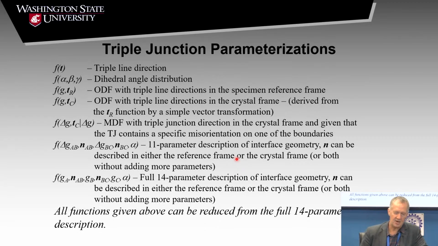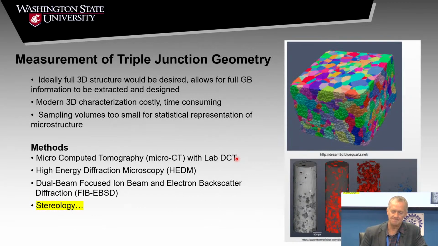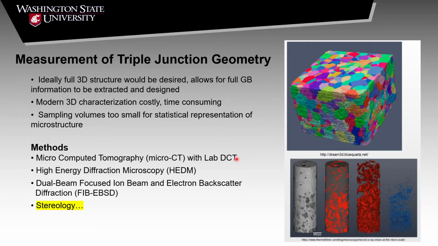And then we have a lot of people who will go in and identify triple junctions based on what the grain boundaries are. Later in the day, we're going to hear about CSL boundaries, and I'll mention them here a couple of times. So if this is a special grain boundary, then let's assume the triple junction next to it is also special, right?